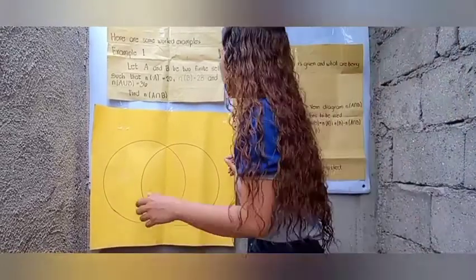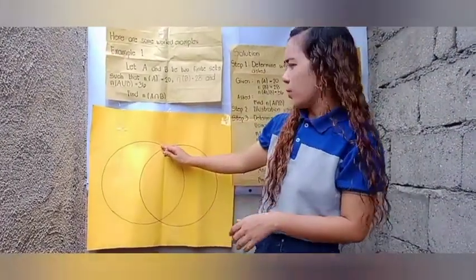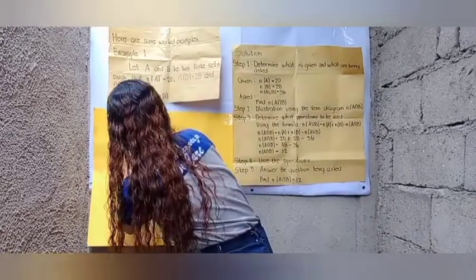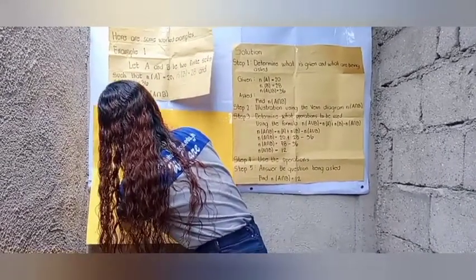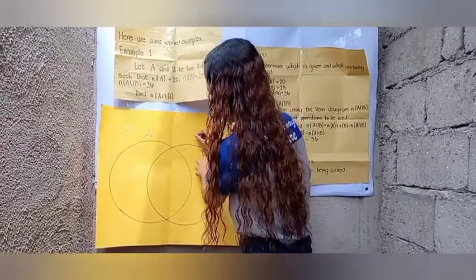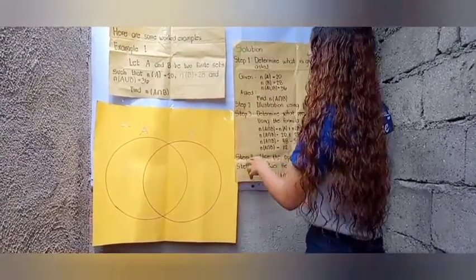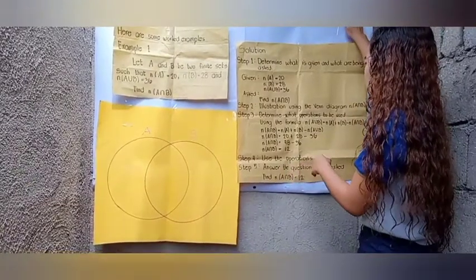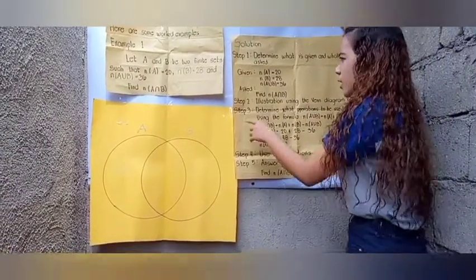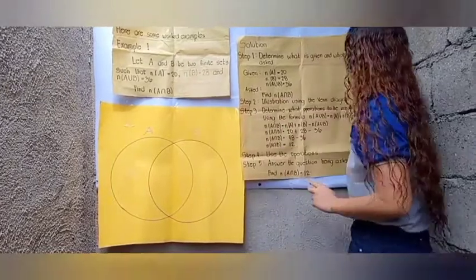So, we're going to make this circle 1 into A. This circle is equal to B. Okay. So, what we're going to determine is the intersection of A and B.